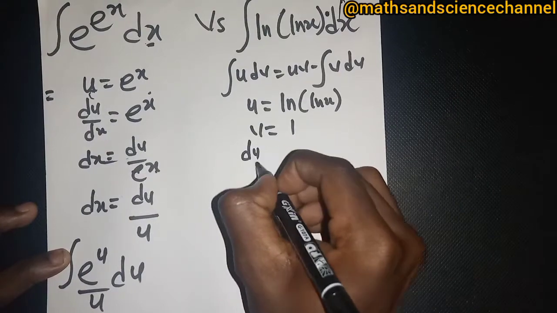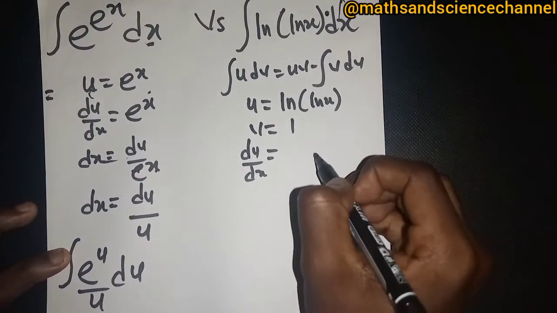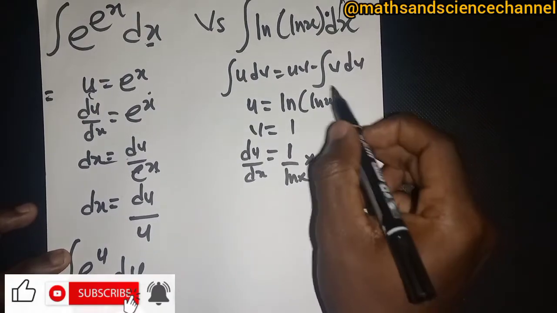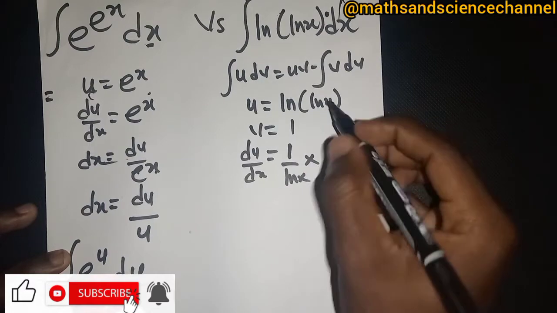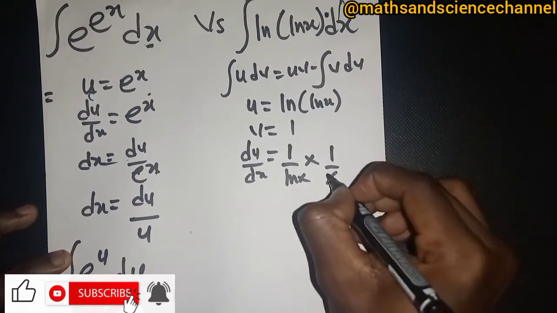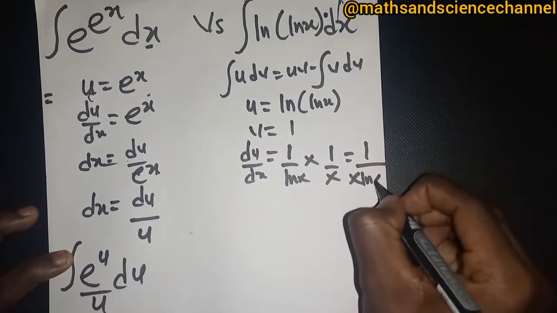So we differentiate u with respect to x. Differentiating this, the power comes down, so it becomes 1 over ln x, multiplied by the derivative of ln x. The derivative of ln x is 1 over x, so we have 1 over x ln x.